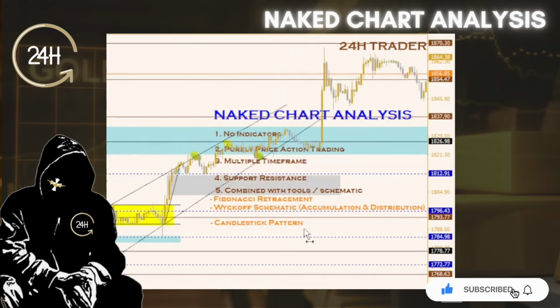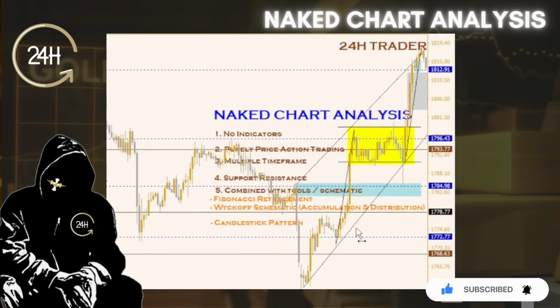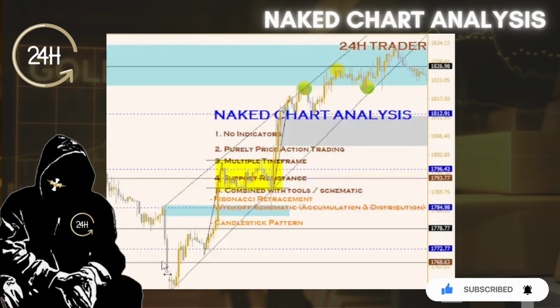I have a bullish rectangle right here. This yellow box is a bullish rectangle, and as you can see, the market went up and entered this bullish rectangle. There are 4 points here, A, B, C, and D. Then the market went up even higher. That is the bullish rectangle.